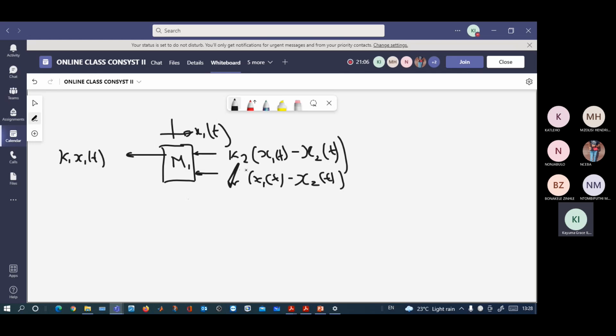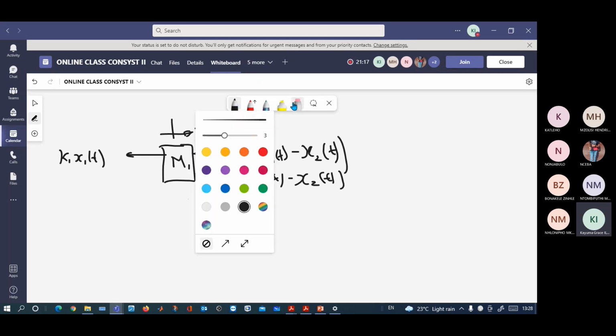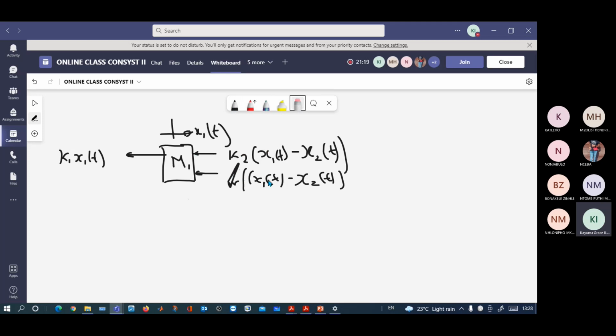Same thing for the viscous damper. I take the force, this FV. Oh, sorry, this one is not well written. Let me write it properly, so it's going to be easy for us to understand now.